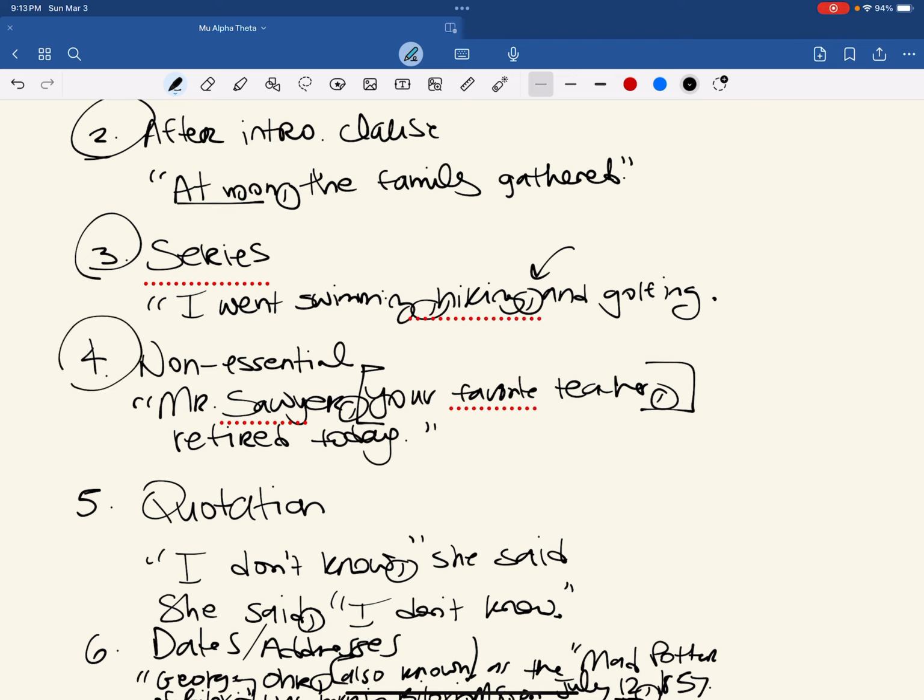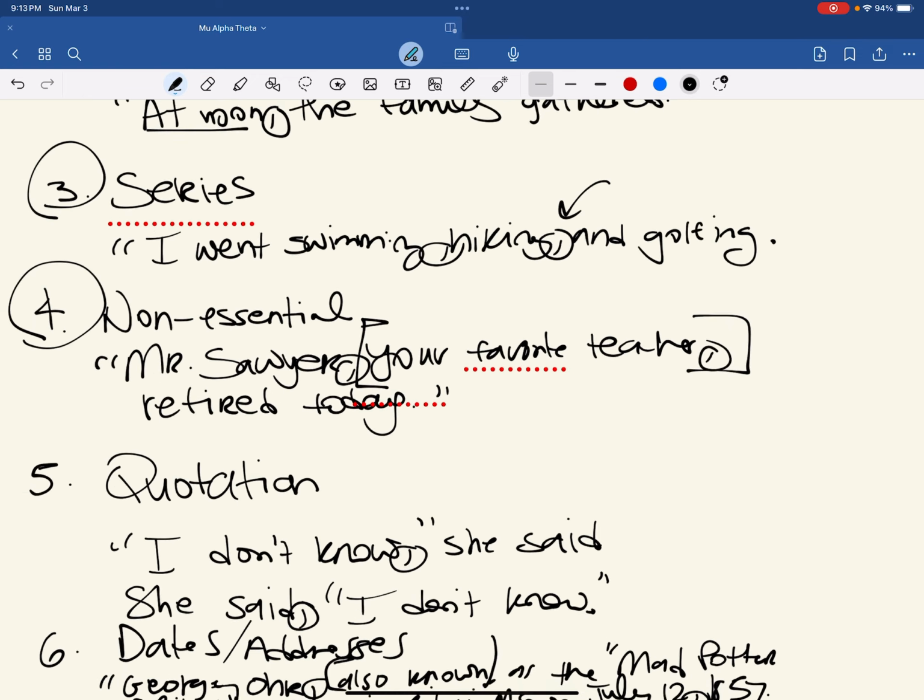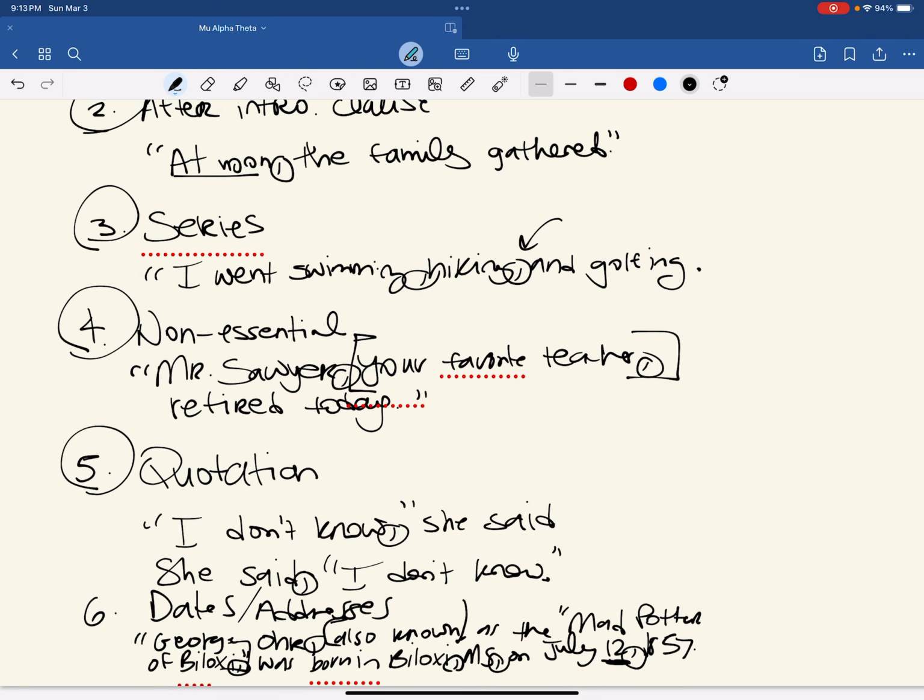And then 4, non-essential clauses. 5, with quotations, you need to put them before the quotation mark, like this, and whenever you're putting the quote last, you need to put the comma here before the verb. And then 6, dates and addresses.